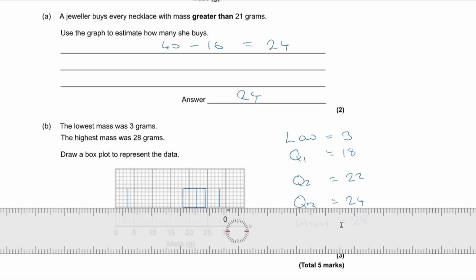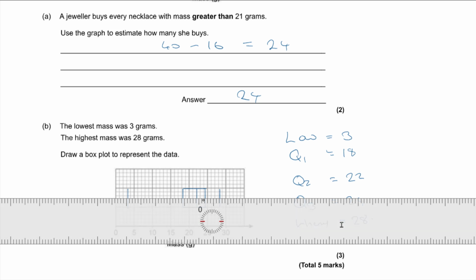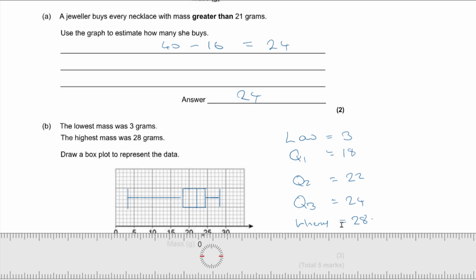So that's the box of the box and whisker diagram. And then the whiskers reach out from the box out to your highest and lowest values. I don't know why exam boards just call them boringly box plots and neglect the whiskers. I think box and whisker diagram is much more descriptive of what we got here. Yeah, so that's my box and whisker or box plot.